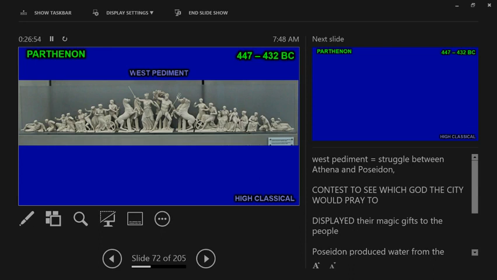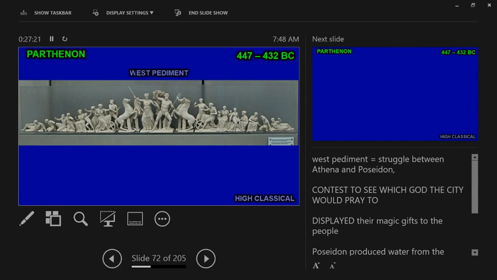But what we have in the center, this is Athena and this is Poseidon. And they are competing for the attention of the people that live in Athens. Before it was called Athens, it was just a city. So the two gods were competing as to which god the people of the city were going to worship.